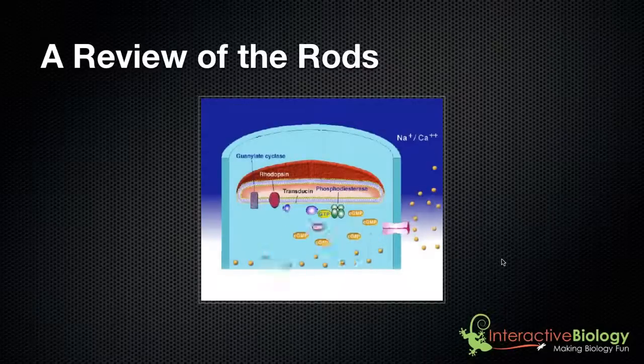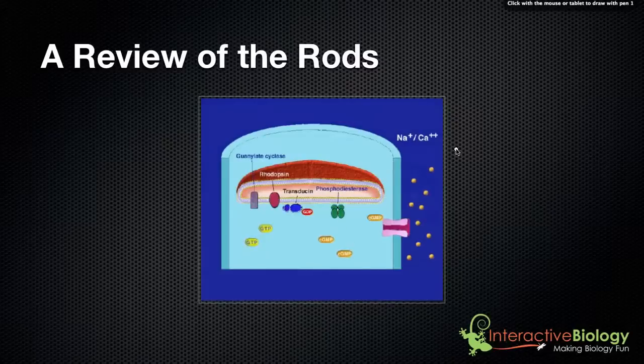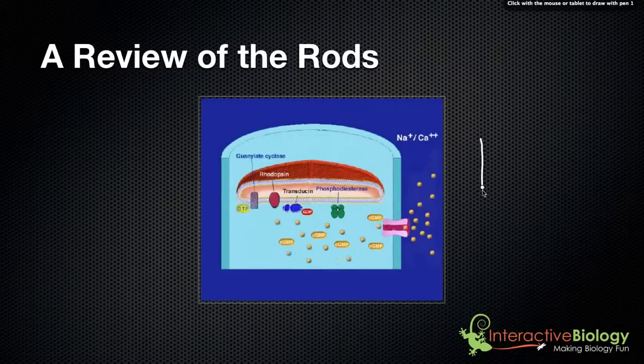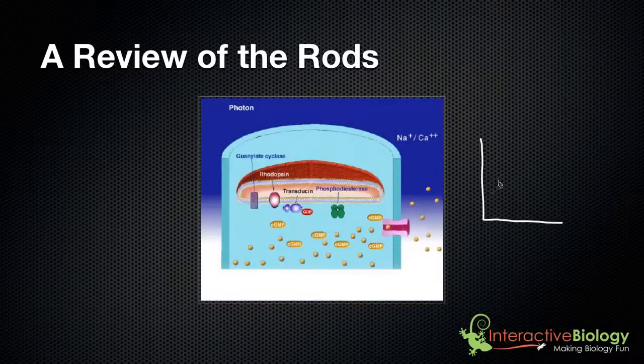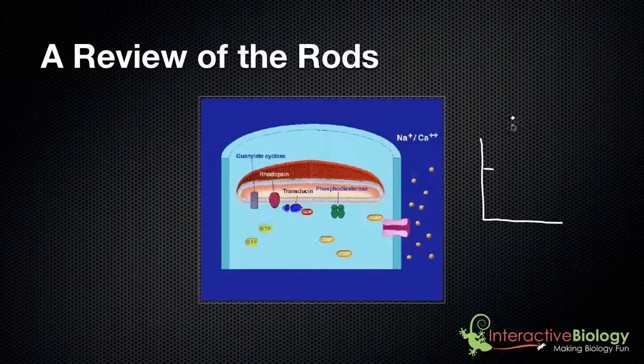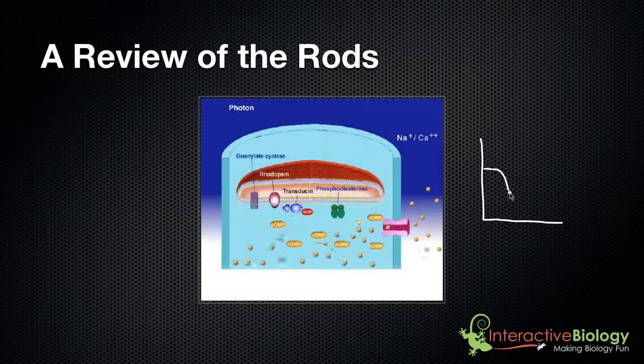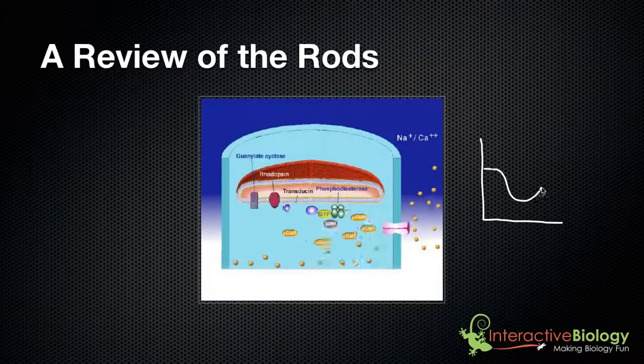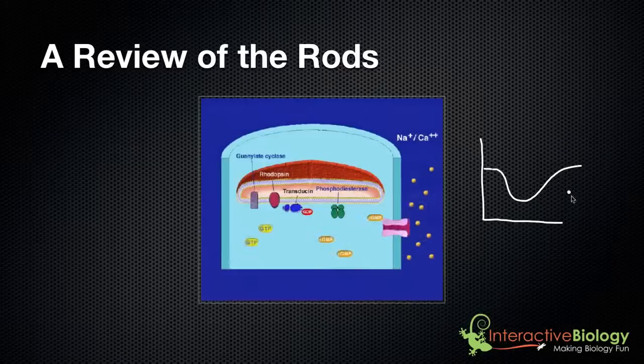So the result of this is, if we're looking at the membrane potential, or the receptor potential in this case, when the light comes, that is not going to cause the regular action potential. It's going to cause the membrane potential to go down until that light is gone again, and then it comes back up.